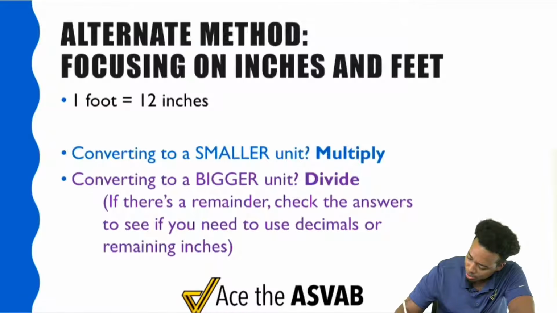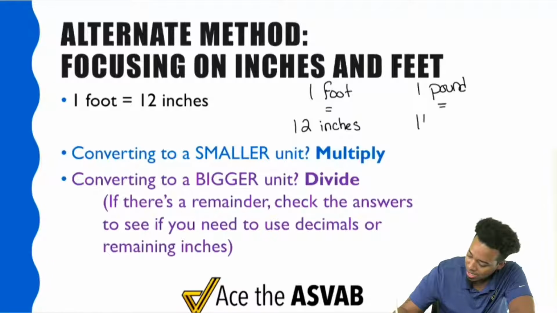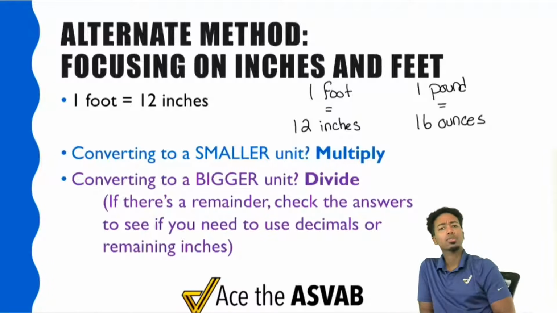So let's look at these two examples that we've done so far. 1 foot equals 12 inches. And then we also had 1 pound equals 16 ounces.